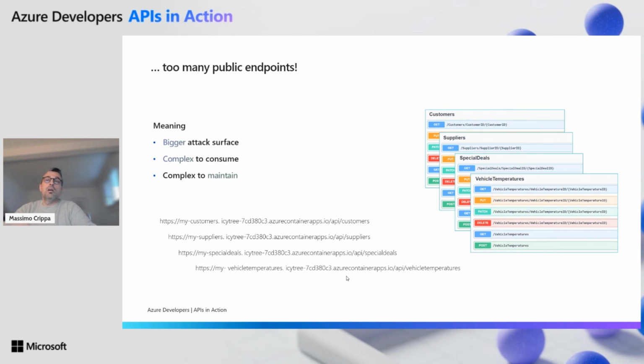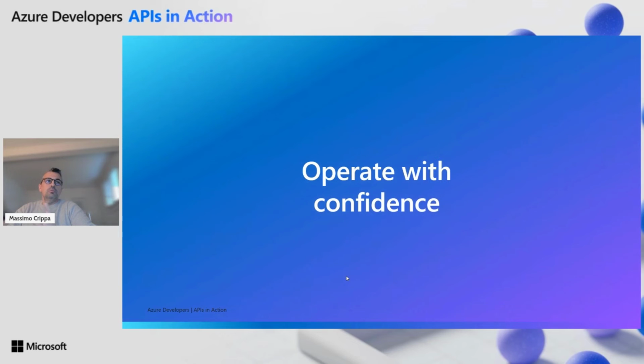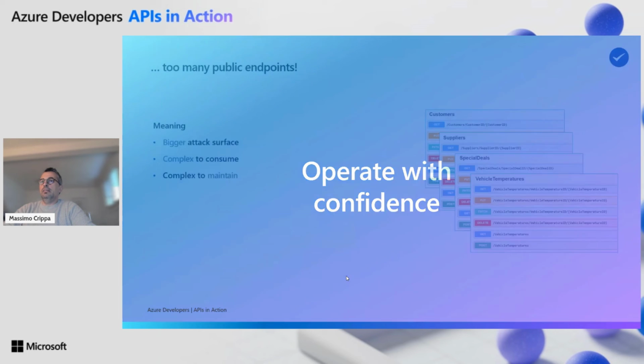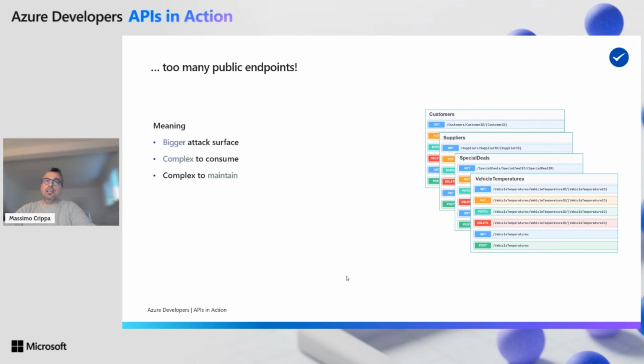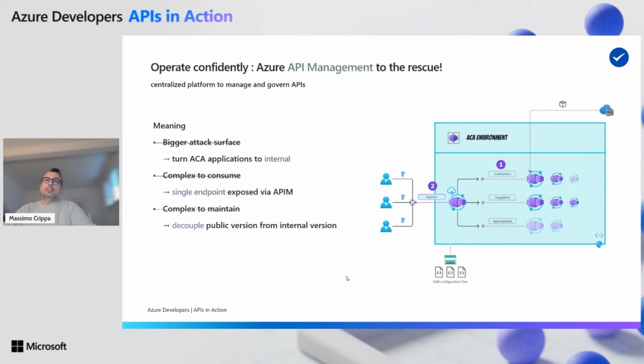With this in mind, what can be the next step to simplify and make this setup more secure? It is to see which kind of tool we can give to our developers to have a more secure and less complex setup.